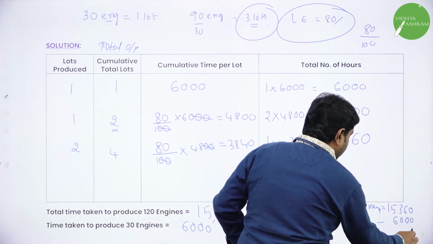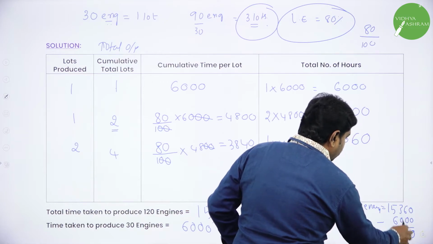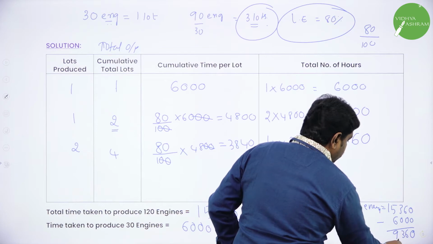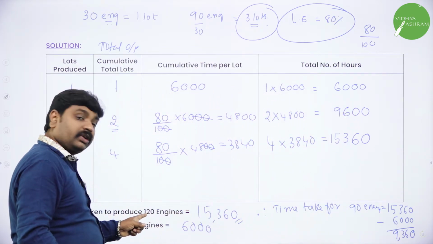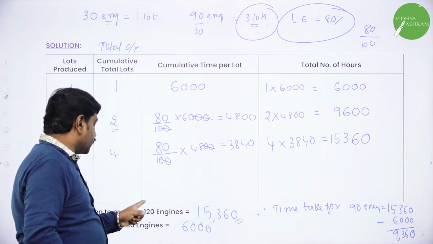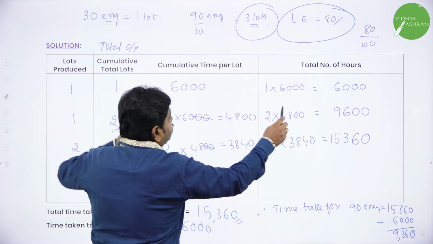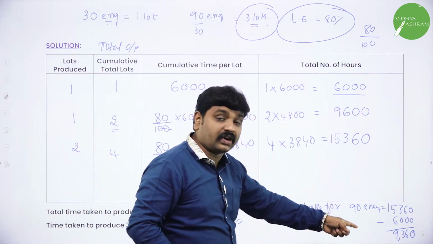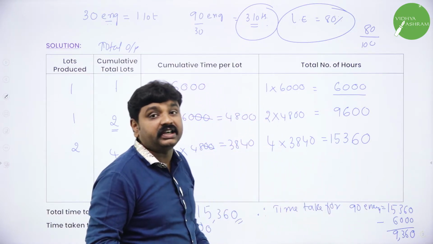Subtract this, you will get time for 90 engines. 0, 6, 3, 15 minus 6 gives you 9, 9360 hours. See, time for 120 engines you have, time for 30 engines you have, time for 120 minus time for 30. Time for 30 means 1 lot. What did they give for 1 lot? 6000. So I am subtracting, I will get 9360 hours. I am taking 9360 hours to produce 90 engines.